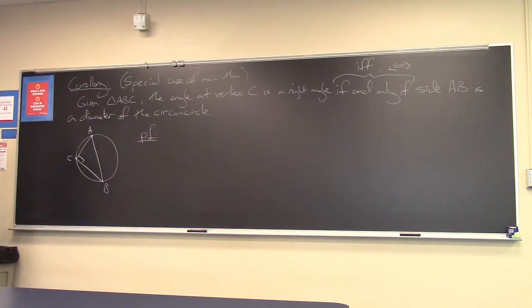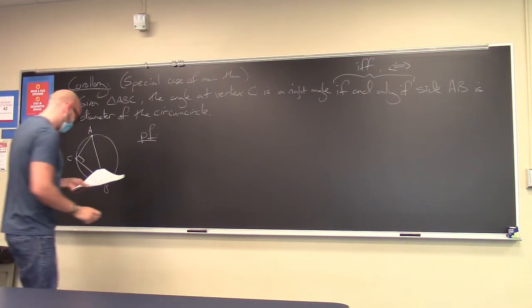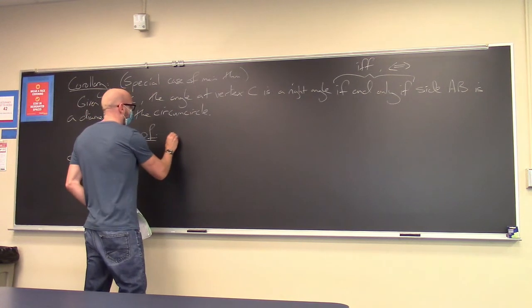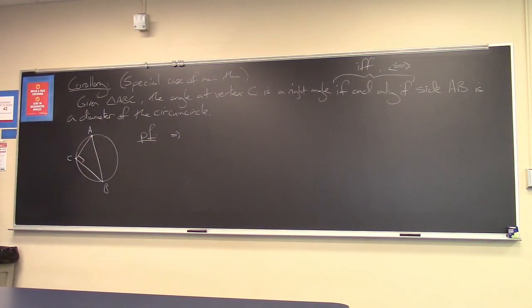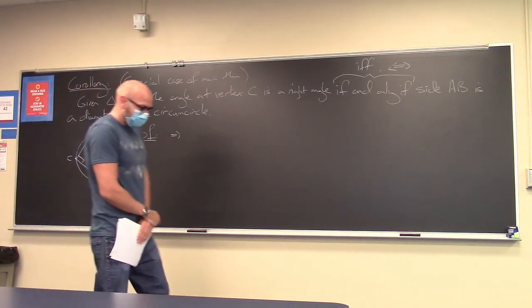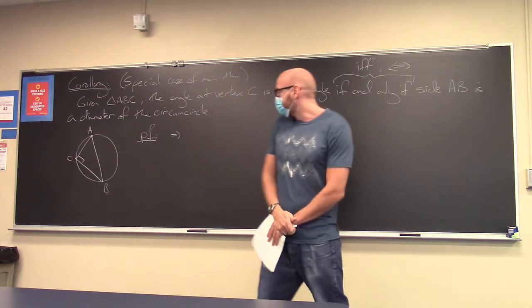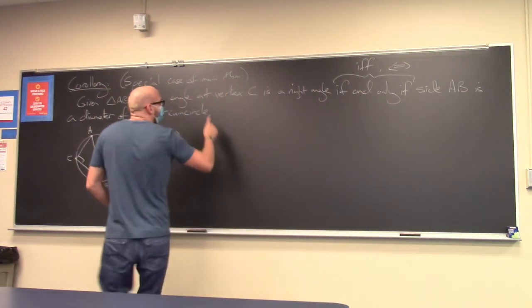And I want to prove this just to show you a quick method of proof sometimes with these if and only if statements. So we'll prove the forward direction for starters. There's two directions we have to prove. And I'm just going to write down a string of statements that follow logically from each other. So what's our assumption?